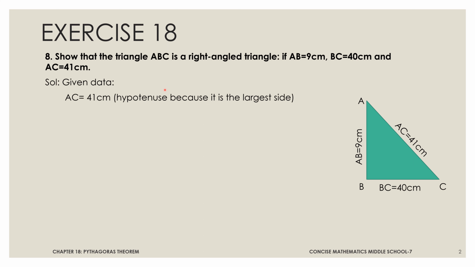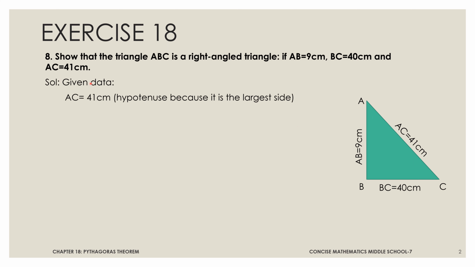Here one more thing is how we have written this 41 centimeter in this AC, in this place. It's because they haven't said anything, right? They haven't given any information regarding which side is which. So because we all know that the hypotenuse is the largest side among these 9, 40 and 41. 41 is the largest side, right?